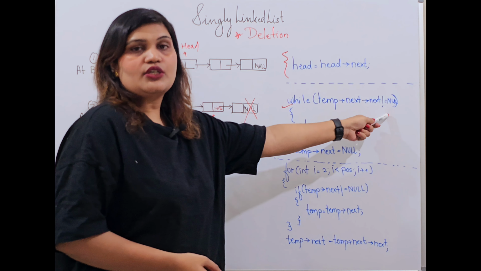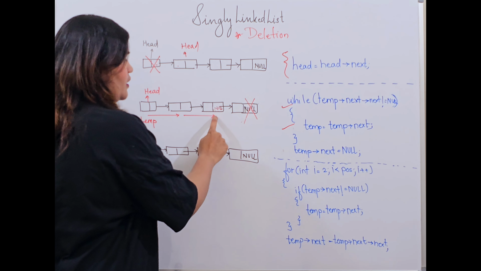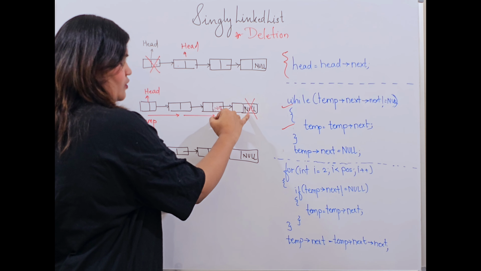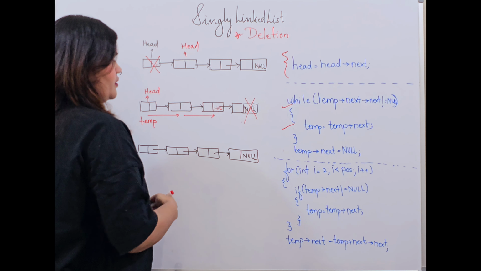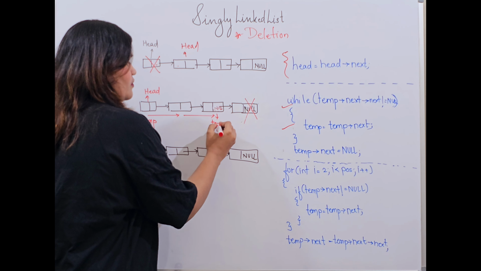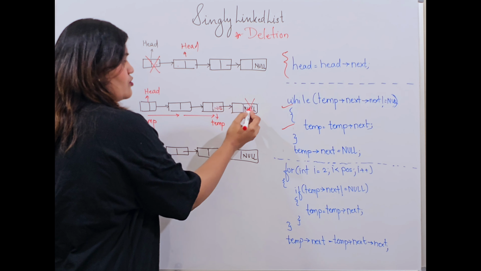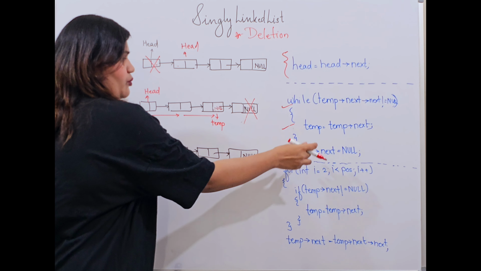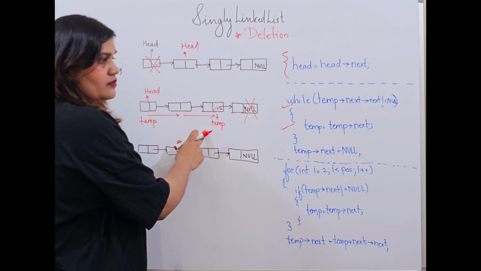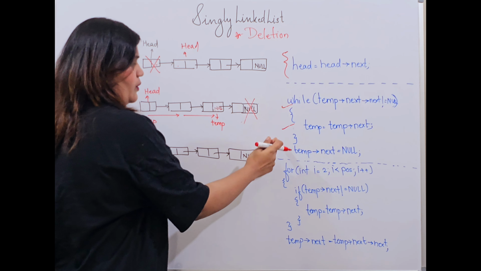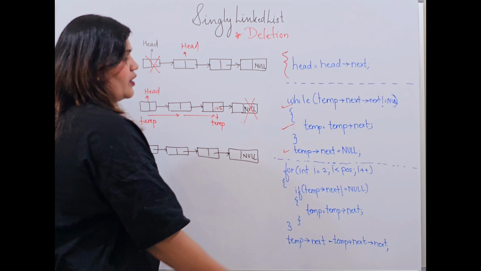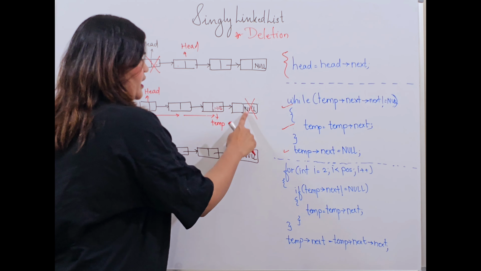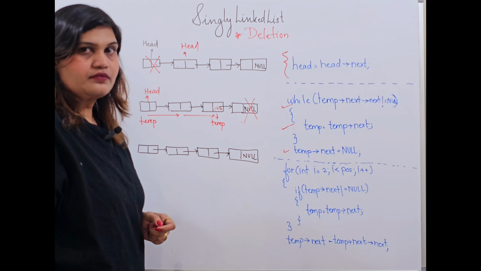Technically my temp should point over here, whose next to next is null. Till the time I reach there, I'll keep on moving. Once I reach here, my while loop will be done and I'll come out. Here what I'm doing is temp to next. My temp has reached here. Temp to next will be null. Automatically this connection is deleted.